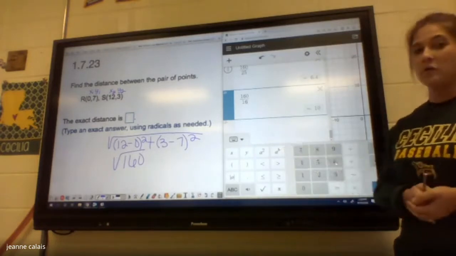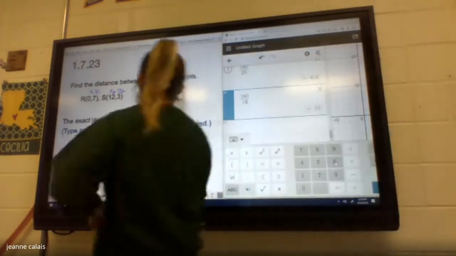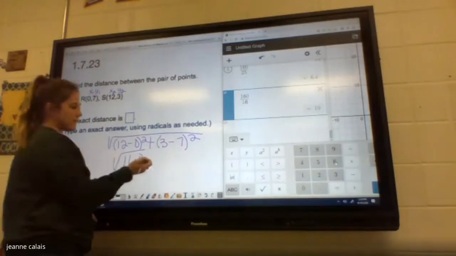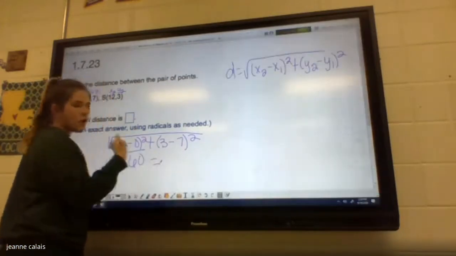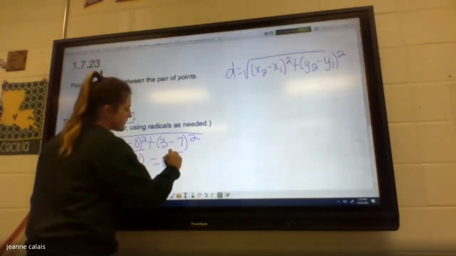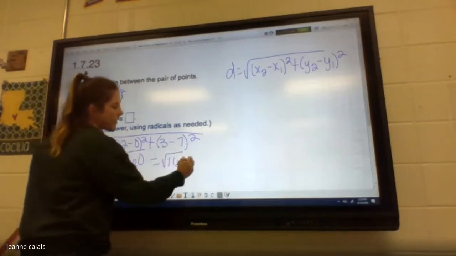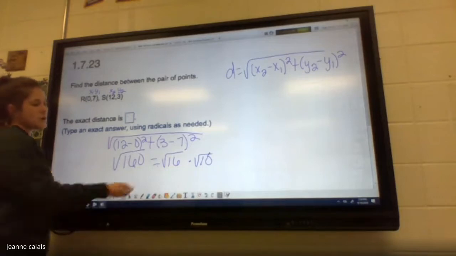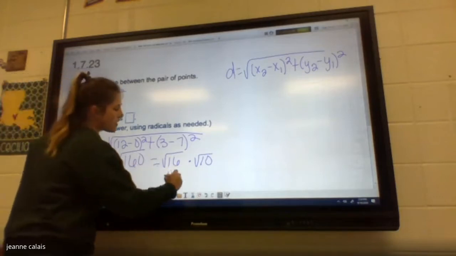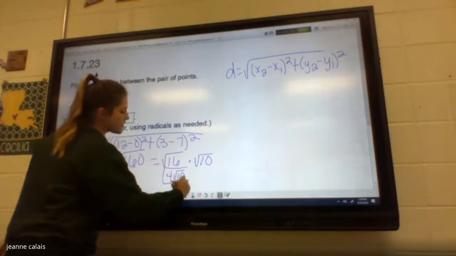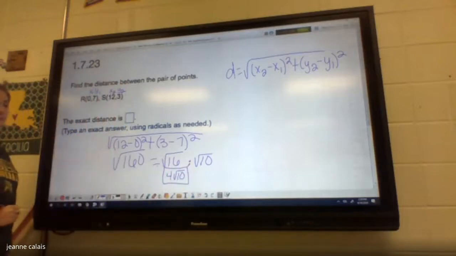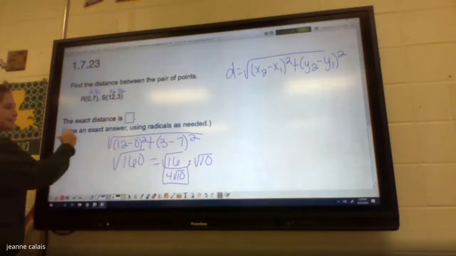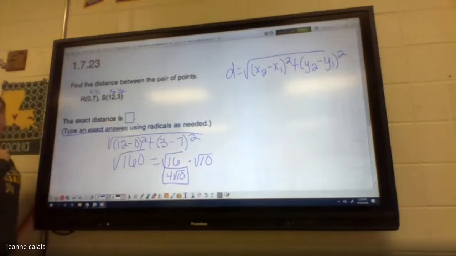This one might have been a little bit easier for some of you, and you knew 16. That's fine, but go up the chart, have a good practice of that. Remember to put your perfect square first when simplifying. The other factor follows. Square root of 16 is 4. The other factor follows. Okay, there's your simplified answer. It's an exact answer. That's what we're looking for in this problem. Okay, so that's the distance formula.